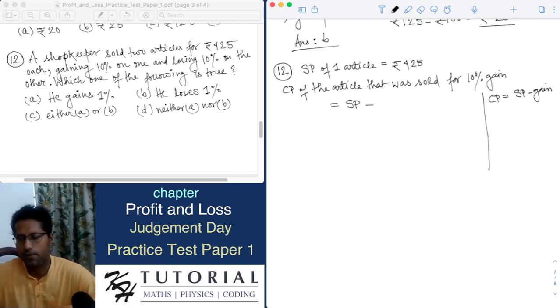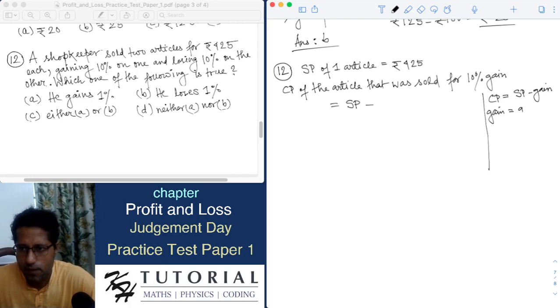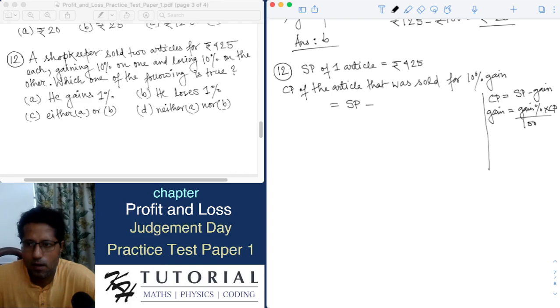Gain is the gain percent divided by 100 multiplied by cost price. Now gain percent is given to be 10. So 10 by 100 multiplied by CP.